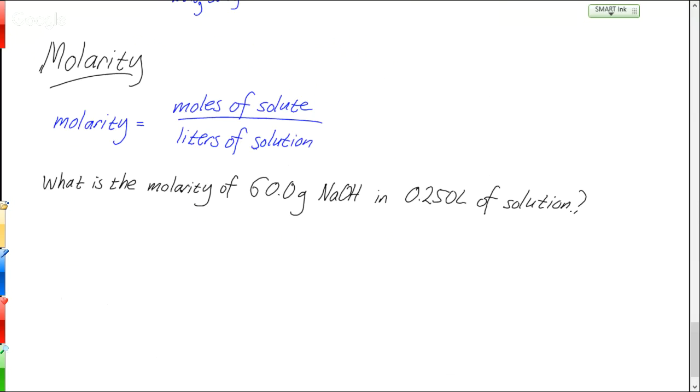So to do this, we need to do the calculation above. Moles of solute divided by liters of solution. Well, liters of solution we're given, that's 0.250, so that goes on the bottom. But on the top, we need moles of solute, not grams of solute. So how do we do that?